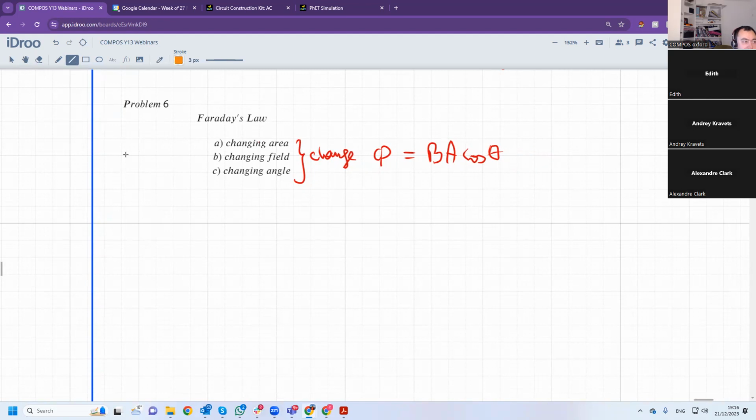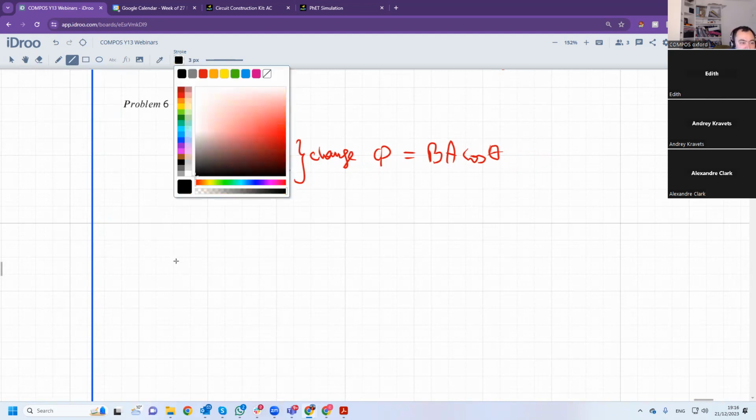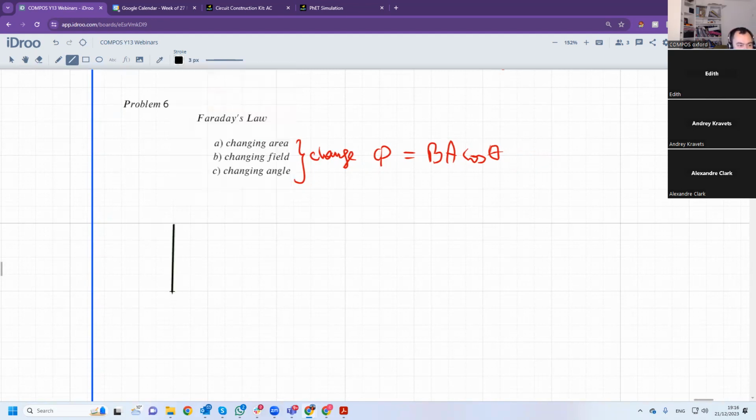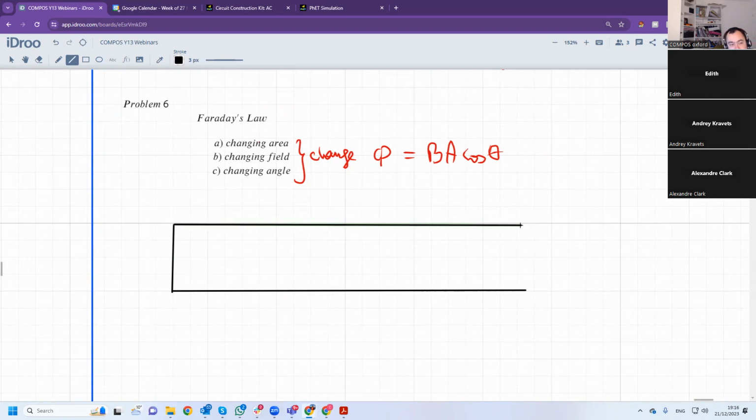All right. So if you have a metal frame, A, changing area.